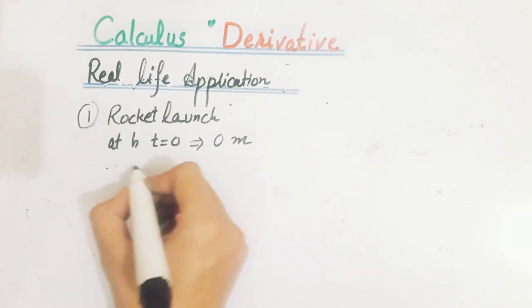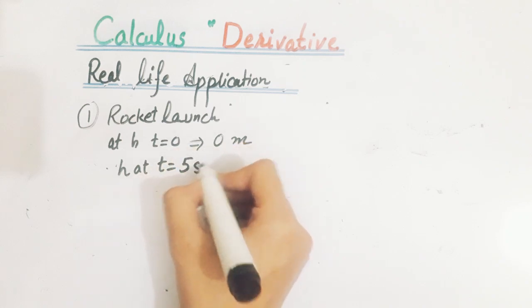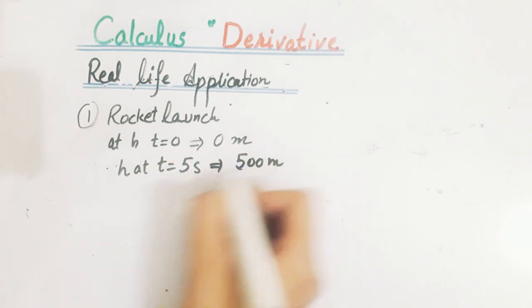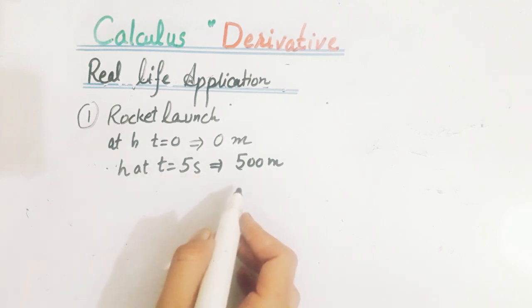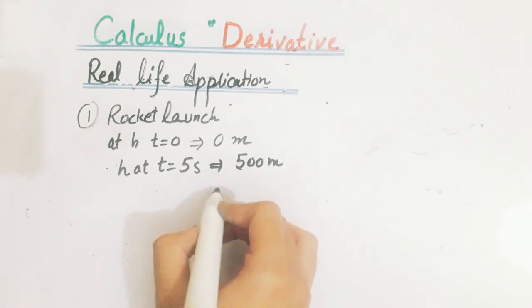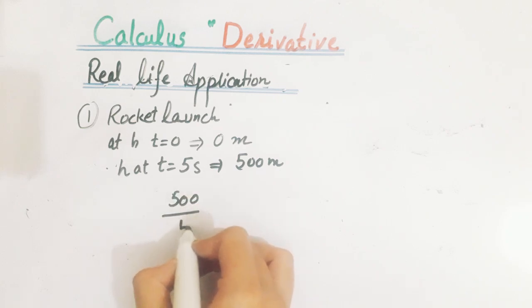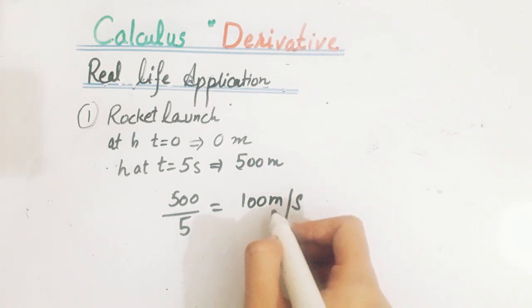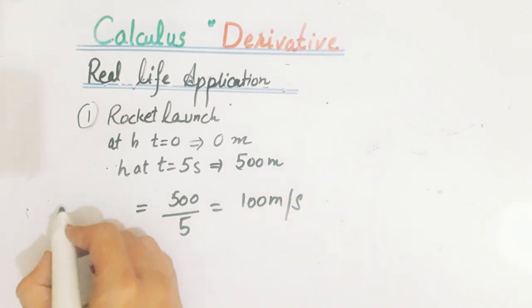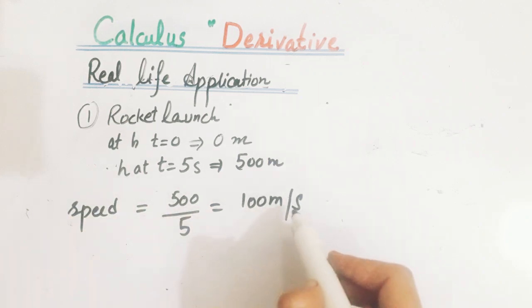But at t equals 5 seconds, the distance will be 500 meter. So the speed of the rocket is the derivative of height with respect to time. It means 500 divided by time, that is 5. So 100 meter per second is the speed of the rocket. So 100 meter per second means in 1 second the rocket covers 100 meter.